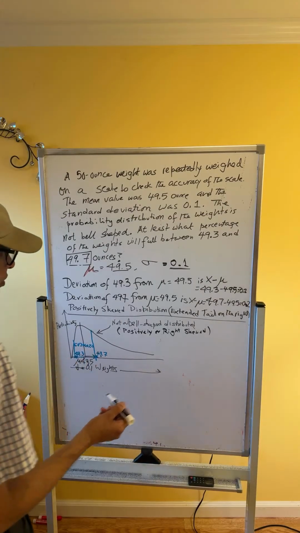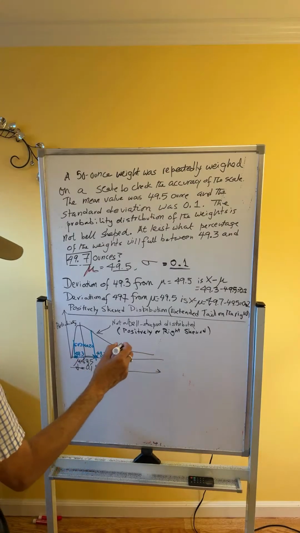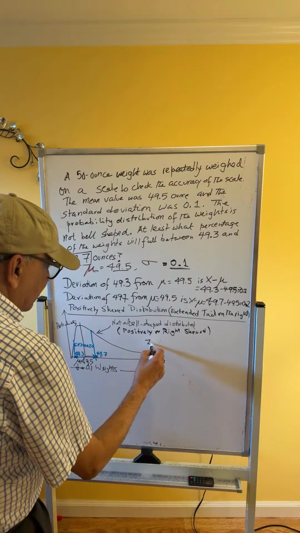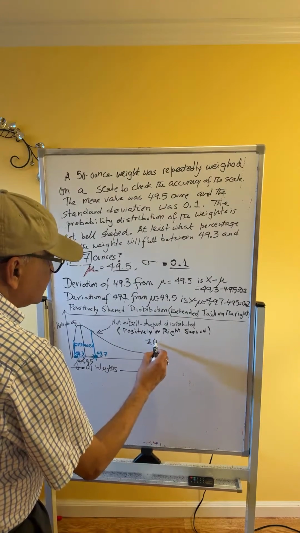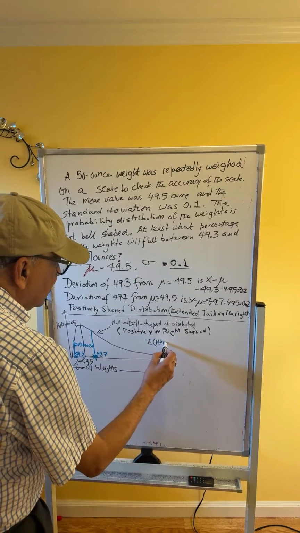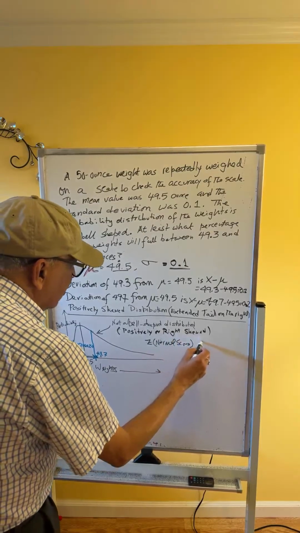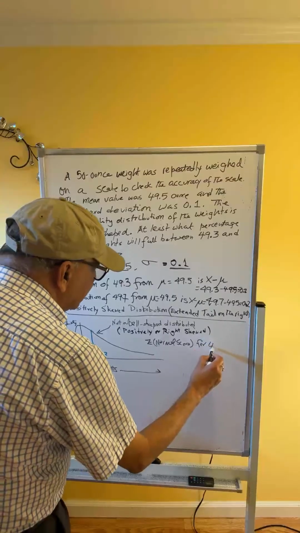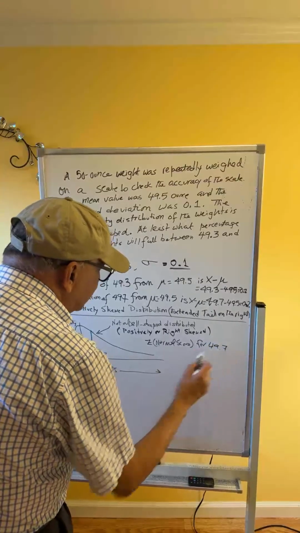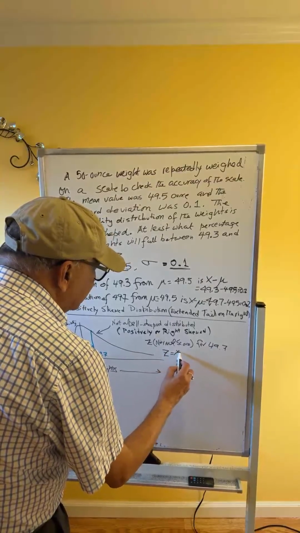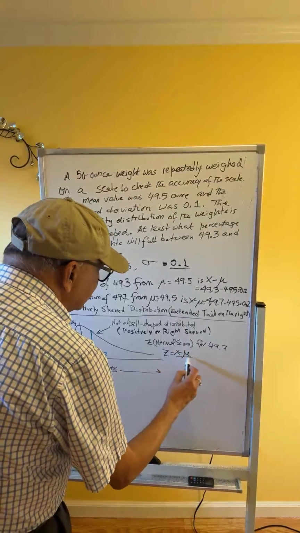So let's find the normal score Z for 49.7. Z is equal to x minus mu over sigma.